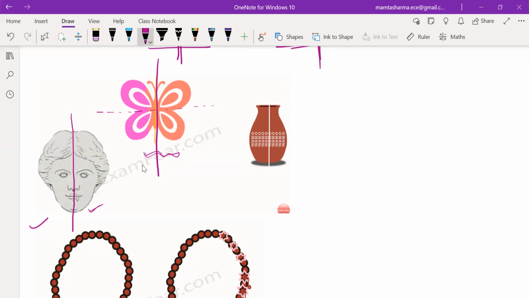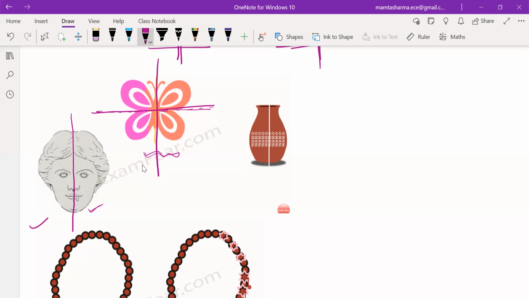Now you have to tell, does this line give the symmetrical figure after dividing? Yes, ma'am. Even if we draw this line, we are getting the mirror image of the same thing on the other side. So these lines which divide the figure into two equal parts are called line of symmetry. There could be one line, two lines, n lines. There could exist 2 lines, 3 lines, 4 lines, which can divide the figure into two equal parts.